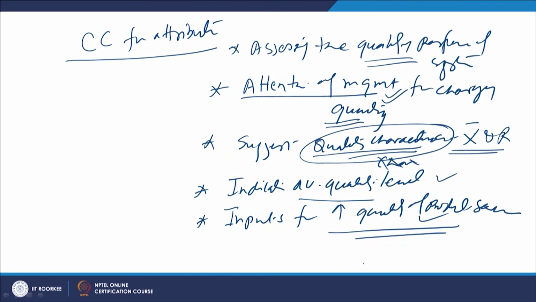For developing these charts, whether it is a P chart, NP chart, C chart or U chart, certain steps are followed. First, we identify what kind of purpose is to be solved, what we want to highlight.